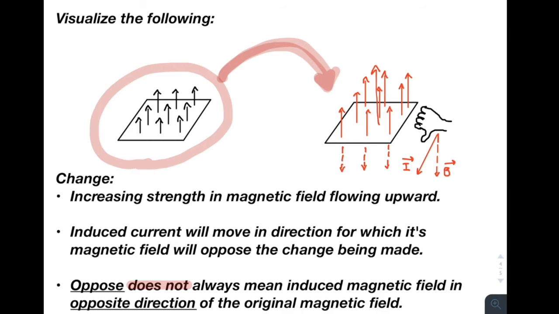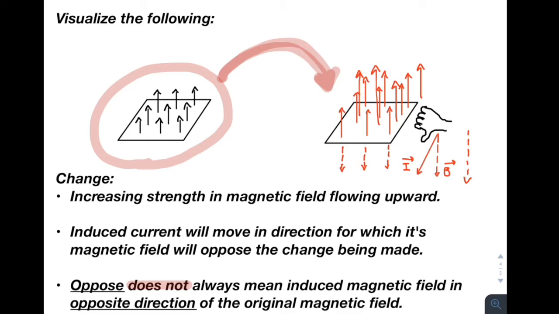So that's represented here, where our B value, our magnetic field induced by the current, is traveling downward to oppose that change of increasing magnetic field strength upward.